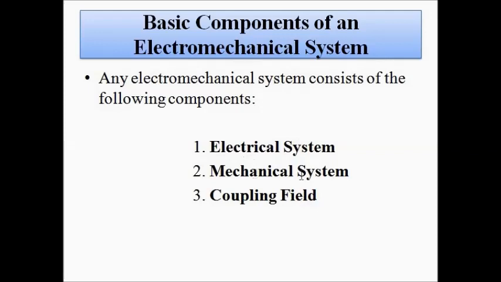The electrical and mechanical systems lie on the two extreme points depending upon the mode of energy conversion, whether the input is electrical or mechanical, or the output is electrical or mechanical.